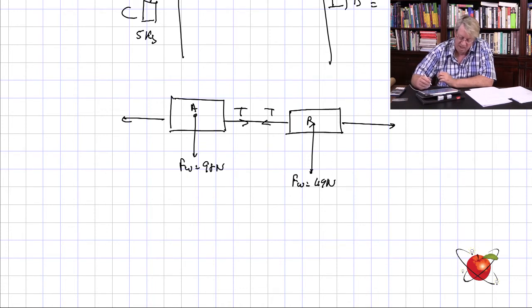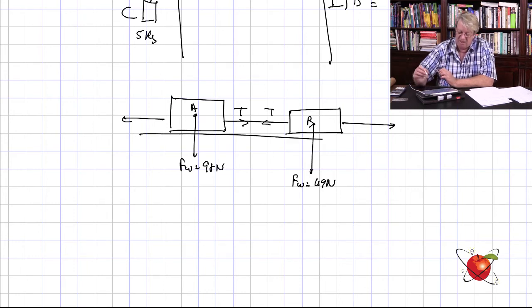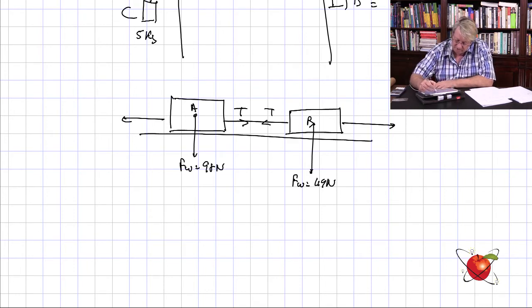Now, first thing we said, we put in the weight. It's not at an angle, so we just leave it. Second, we put in F normal. F normal over here is 49 newtons, and F normal over here is 98 newtons. What do we do next? We look for a mu. Have they given mu?